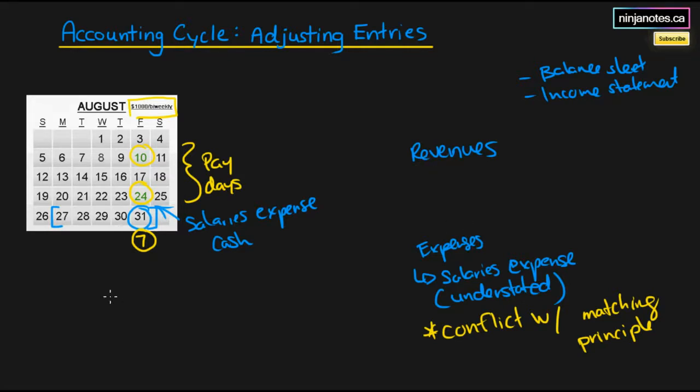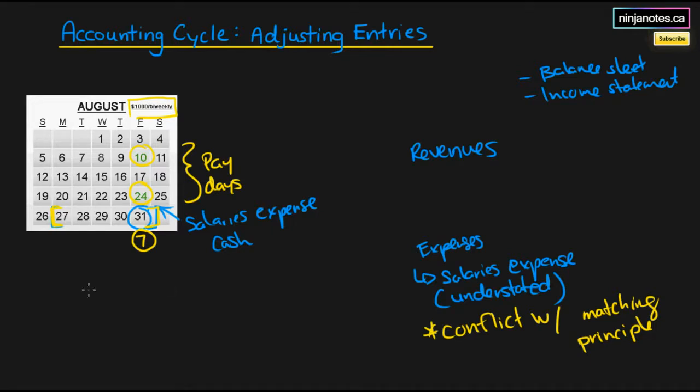And if we don't show the last week of expenses, then we're not matching all of the revenues earned with the expenses that we incurred. So we need to show all of the expenses for the month of August, and to do that we're going to perform an adjusting entry in this last week.